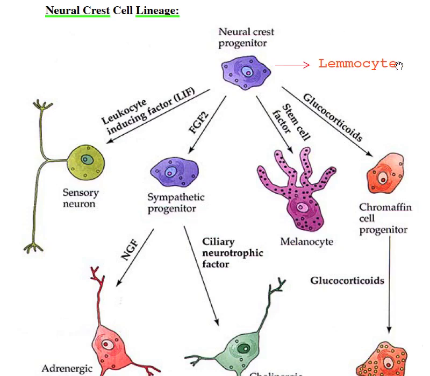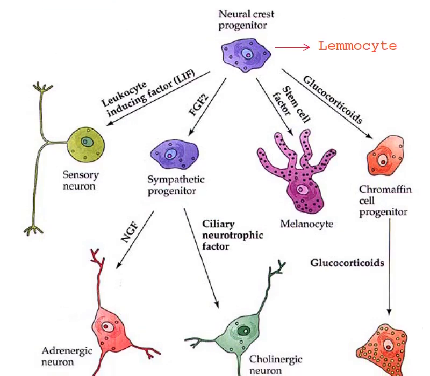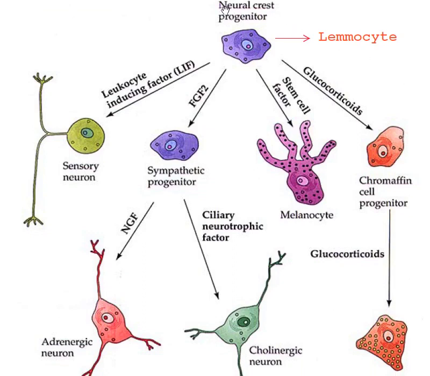this cartoon shows the different kinds of cells that are derived from the neural crest stem cell based on the type of induction molecules or neurotrophic factors that this stem cell is exposed to. It gives rise to the lemocyte. It gives rise to the bipolar sensory neurons, the peripheral afferent neuron. It gives rise to autonomic postganglionic neurons, the two kinds, the adrenergic and the cholinergic postganglionic neurons.